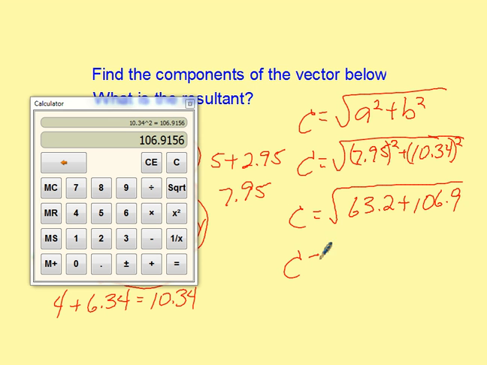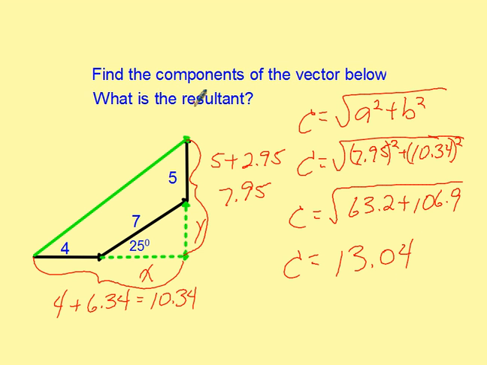So c is equal to the square root of 63.2 plus 106.9, which equals 13.04 units. And if we want to know what this angle theta is, we can figure that out too.